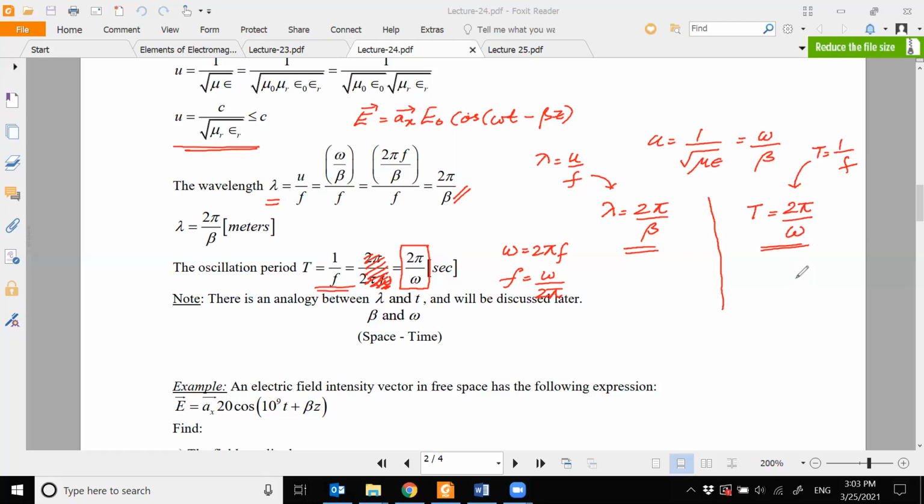You look at it in the angular domain, where if your arrow travels a complete 360 degrees and returns back, that is your angular frequency. That's why omega's unit is radians per second.